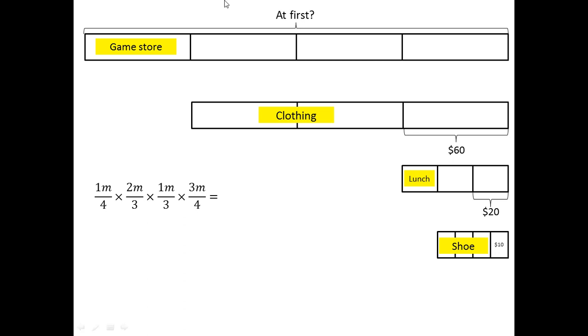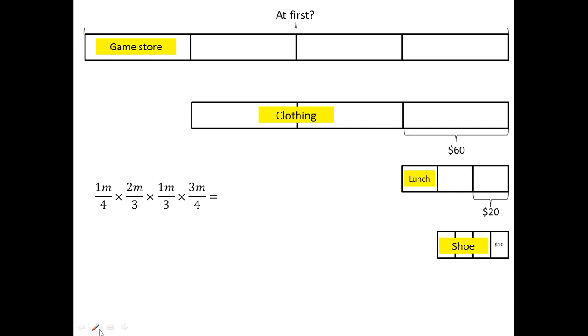M stands for money. 1M per 4, 2M per 3 means the clothing, 1M per 3 means the lunch, and 3M per 4 means the shoe. Just multiply it. Okay?